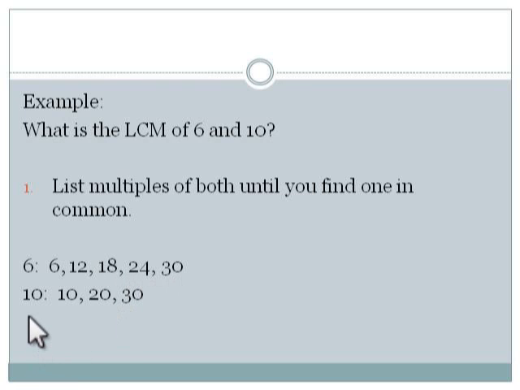Our multiples of 10, 10, 20, 30, 40, and again it goes on forever. So we're looking for the one in common that is the smallest, and I have stopped our list at that point. It would be 30. So the LCM of 6 and 10 would be 30.